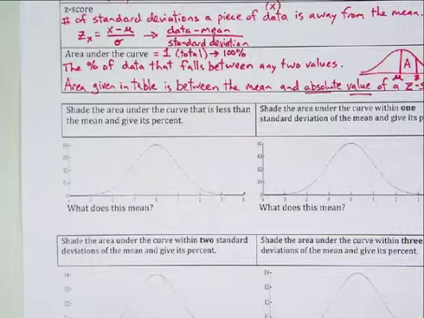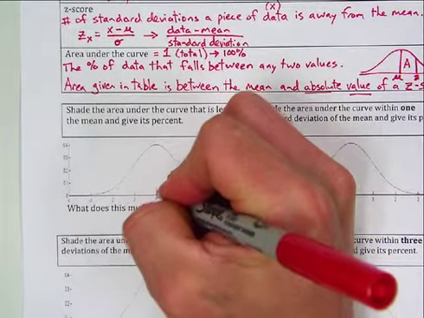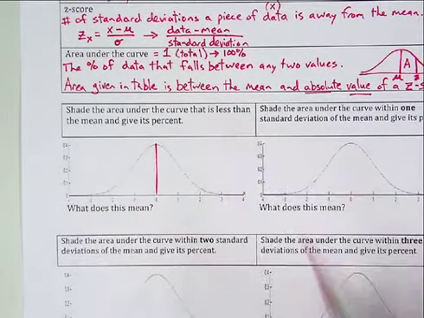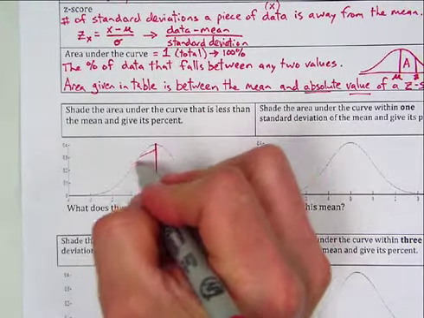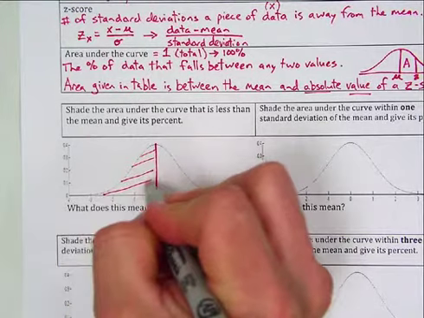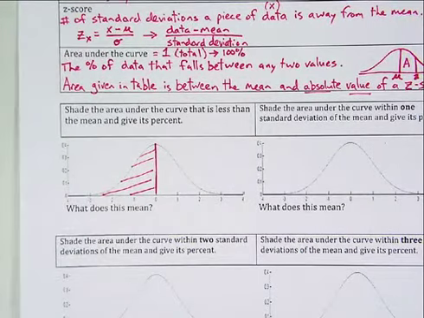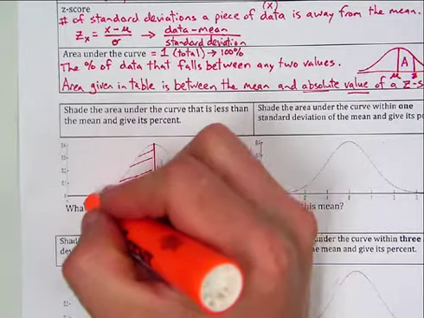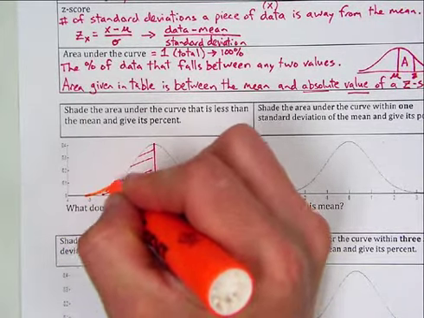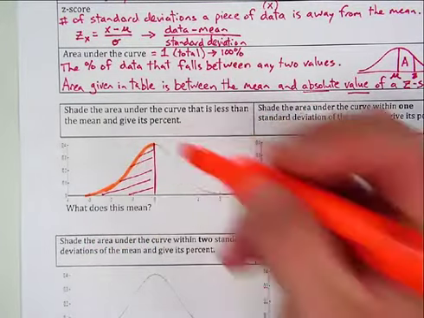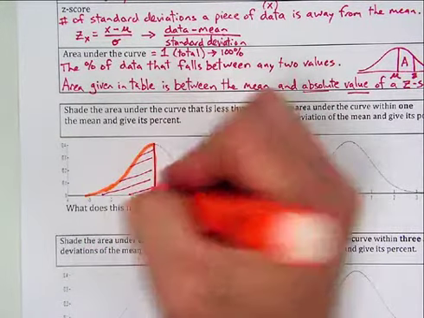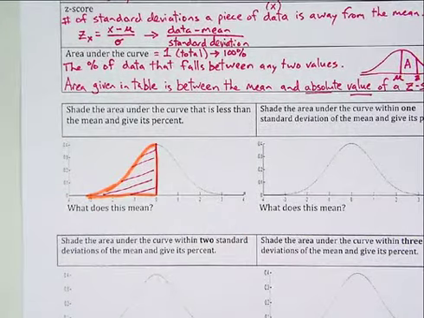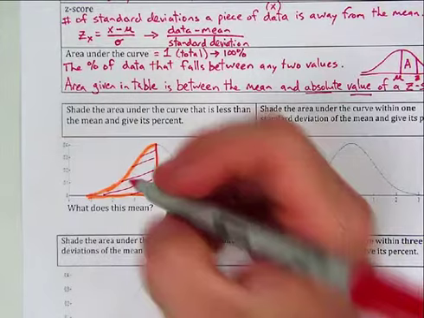So less than the mean. So what I want to do is draw a line at the mean. And if we want to shade everything less than the mean, now we're shading on this side right here. Okay. So if we think about this, and we know this curve is symmetrical, the same on the left as on the right, and the total area under the curve is 1, this actually gives me half of the data.